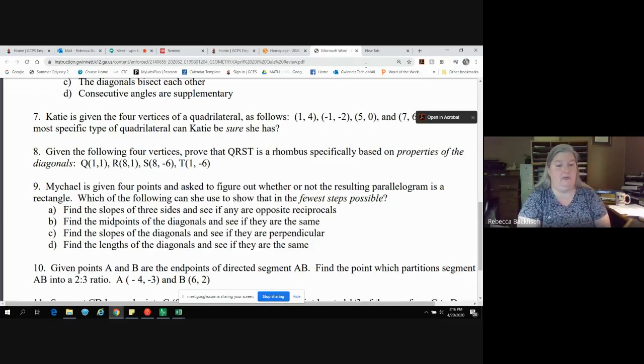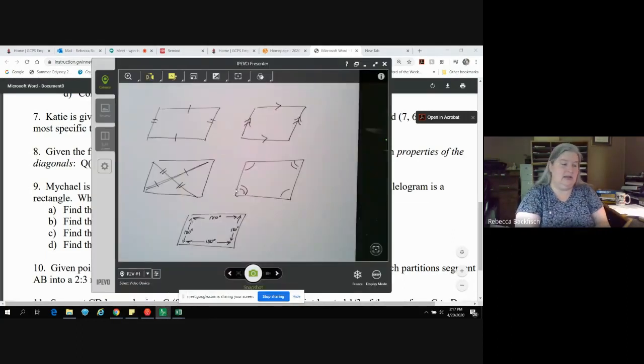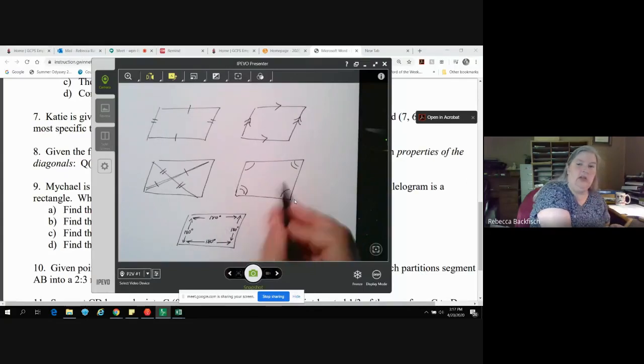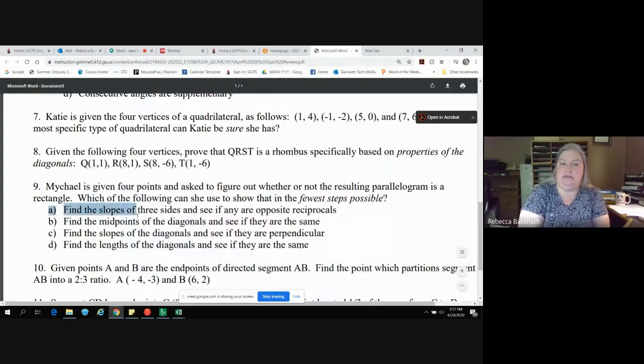So that could be helpful because if you have a parallelogram and you find that you have one right angle, then automatically, because opposite angles have to be the same and consecutive angles have to add up to 180, all the rest of them have to be right too. So if I found that I had one angle that was right, that would be sufficient to say it's a rectangle. So A is a good possibility. Okay, so I'm going to keep reading, but A is a possibility.